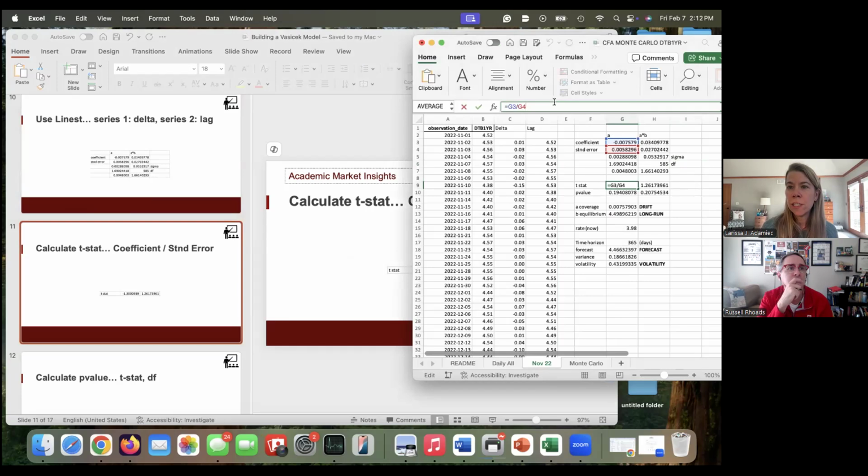So the coefficient divided by standard error, we're going to do that for A and A times B. For our p-value, we're going to use the t-distribution, a two-tailed test. We're going to take the absolute value of our t-stat, and then use our degrees of freedom.